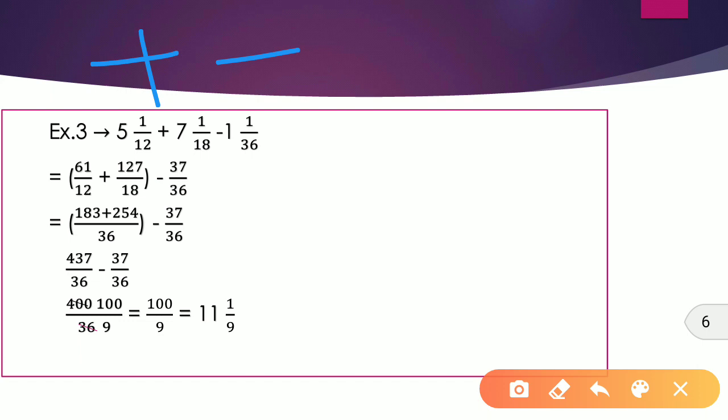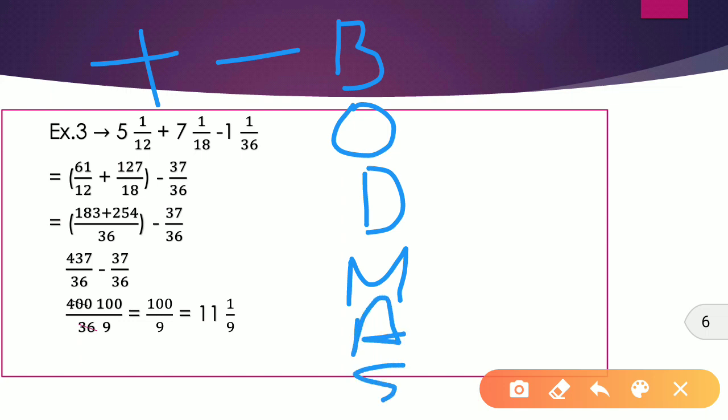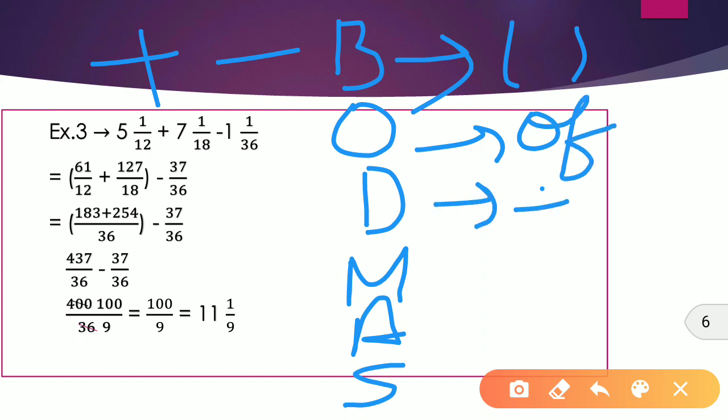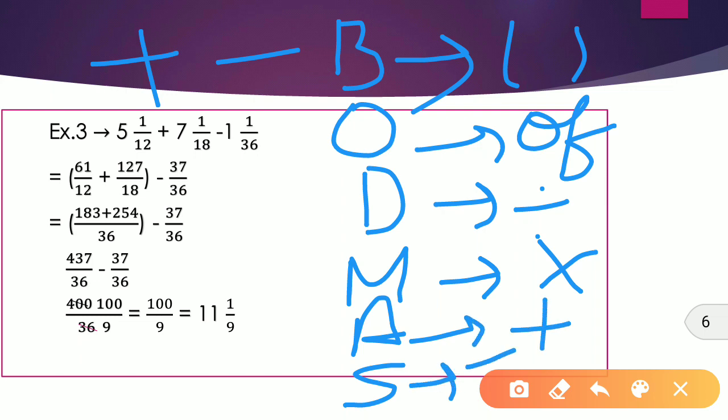You have already studied the BODMAS rule in your earlier classes. What is the meaning of BODMAS? B means bracket, O means of, D means divide, M means multiply, A means addition, and S means subtraction.